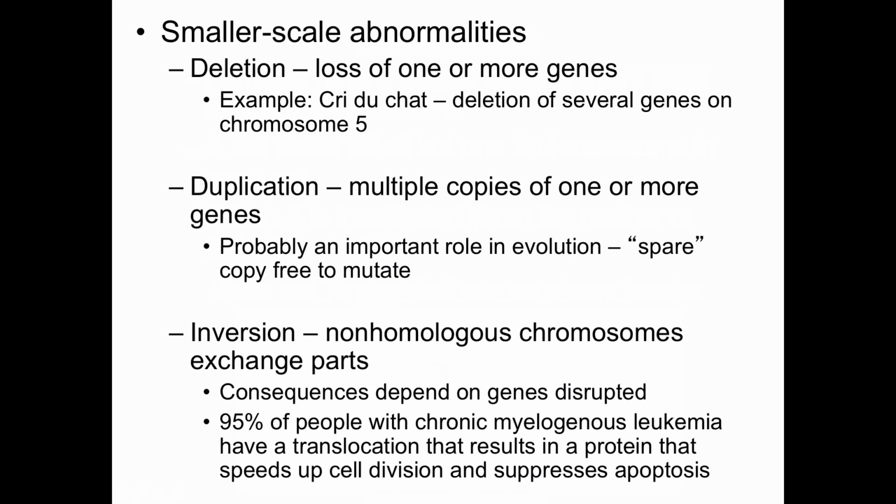It is a consequence of non-homologous chromosomes exchanging parts. So those are some examples of smaller scale abnormalities. It's more on the gene level versus on the chromosome level: deletion, duplication, and inversion.